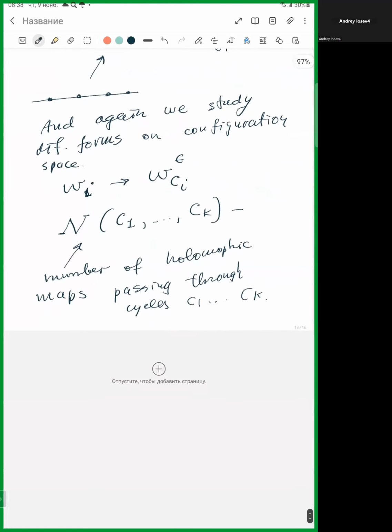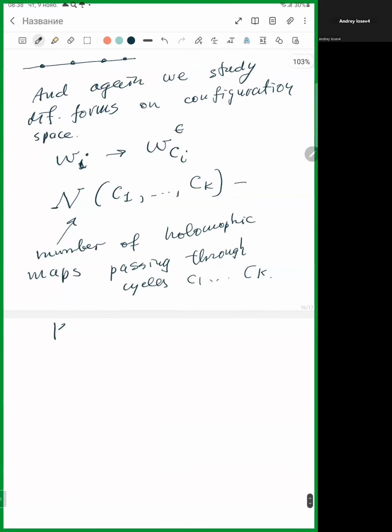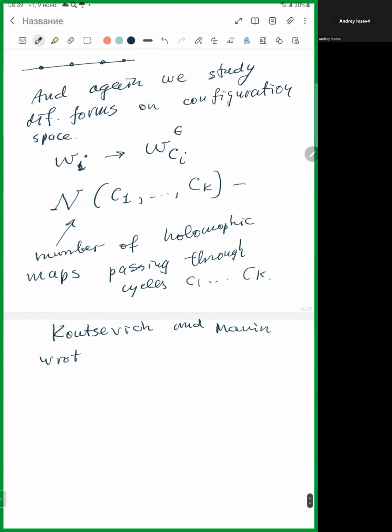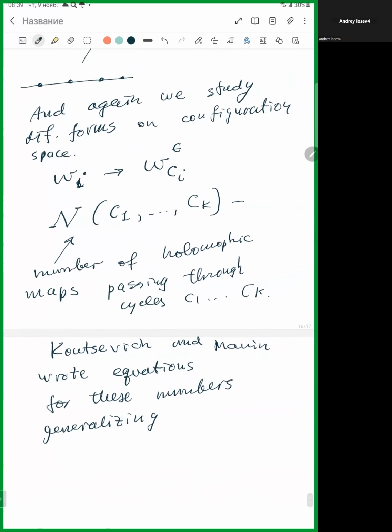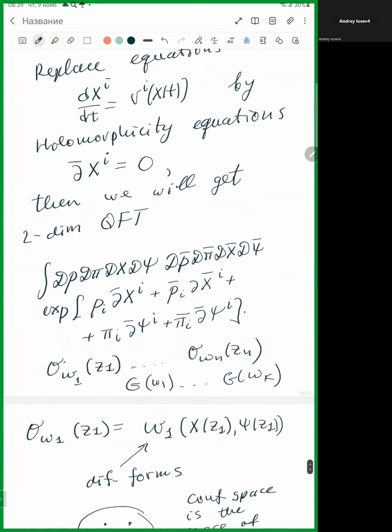However, Kontsevich and Manin wrote equations for these numbers, generalizing equations that I wrote to you.